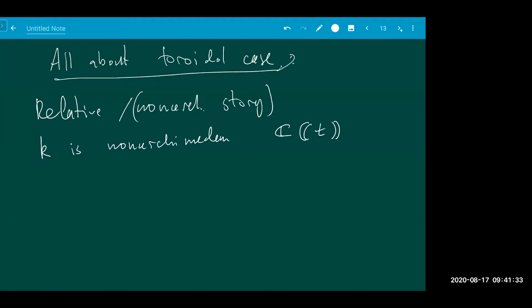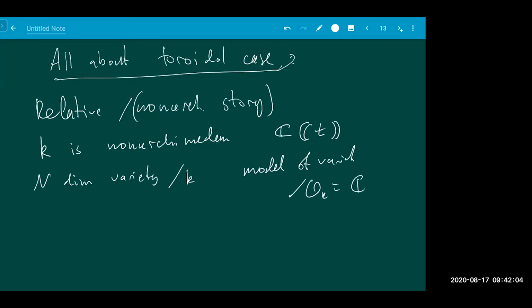Then if I have an n-dimensional variety over K, I can make a model in a slightly different way. Suppose we have a variety over K, then we have a model of the variety, not of the field. It's something over a ring of integers.